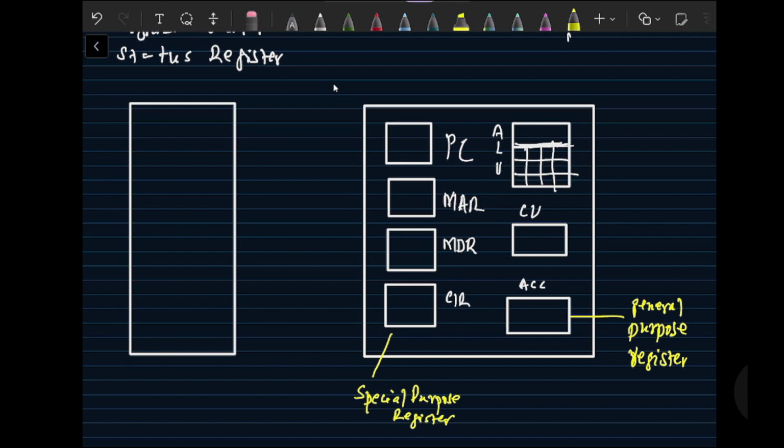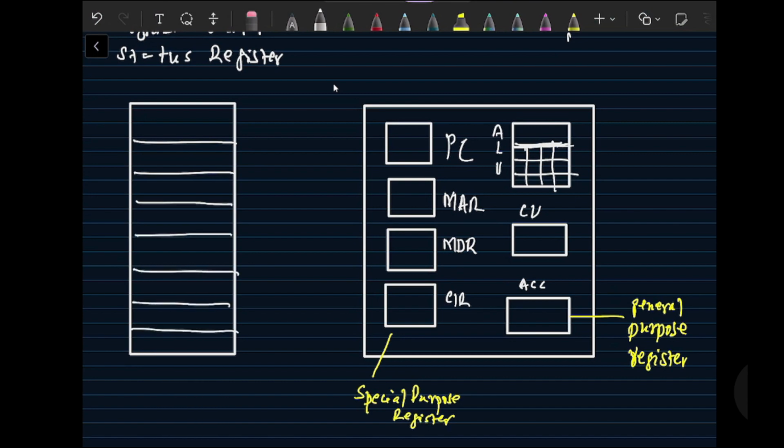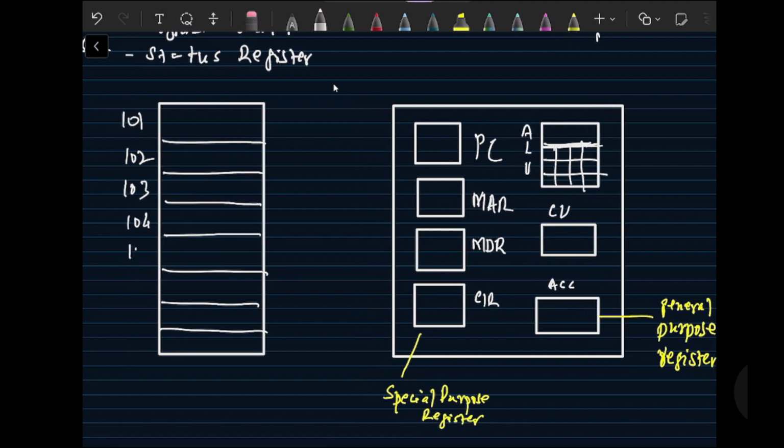So now what is the job of the program counter? Program counter is the register that always contains an address. For example, I show you the memory part, the IS, where we have the addresses 101, 102, 103, 104, 105, 106, 107, 108.